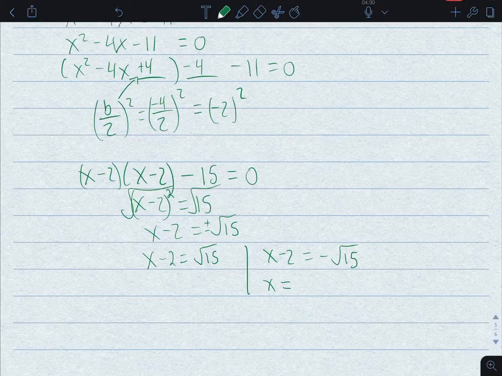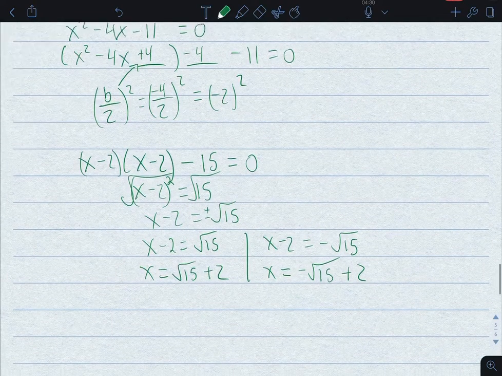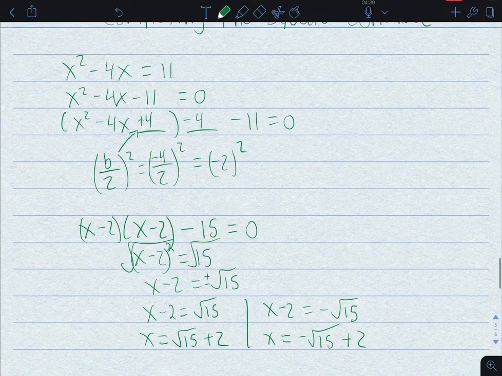And if we solve this, x equals negative square root 15 plus 2, and x equals square root 15 plus 2. Those are the two solutions. So that was how you would solve it if this number is on the other side of the equal sign.